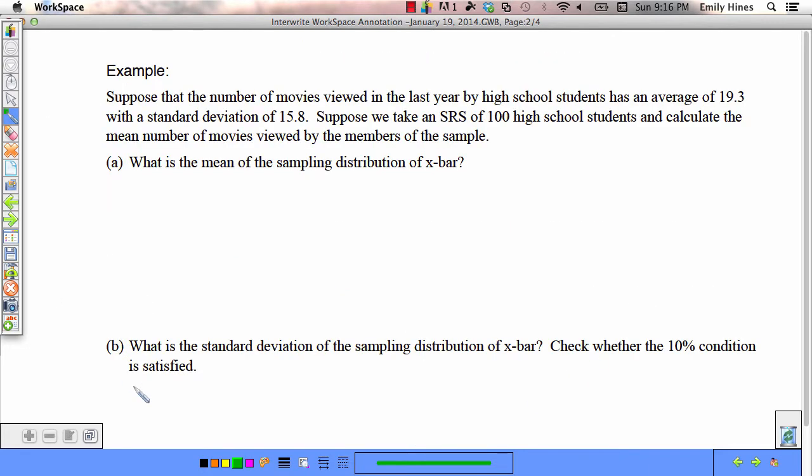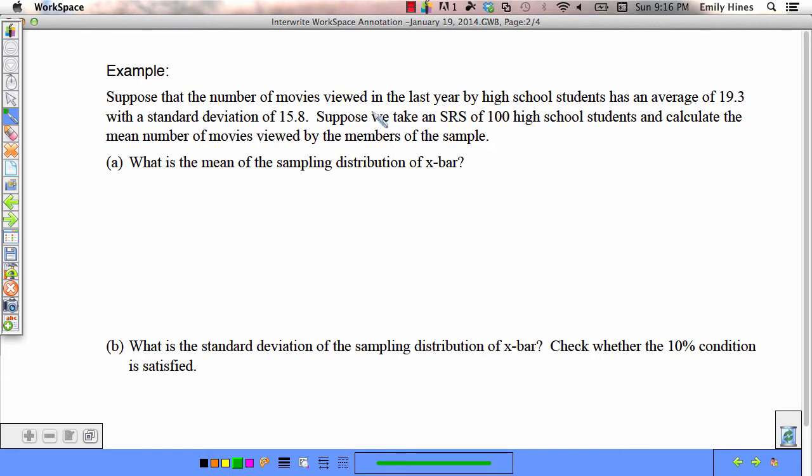Okay, so let's look at an example. Suppose that the number of movies viewed in the last year by high school students has an average of 19.3 with a standard deviation of 15.8. Suppose we take an SRS of 100 high school students and calculate the mean number of movies viewed by members of this sample. So what is the mean of the sampling distribution of x-bar?